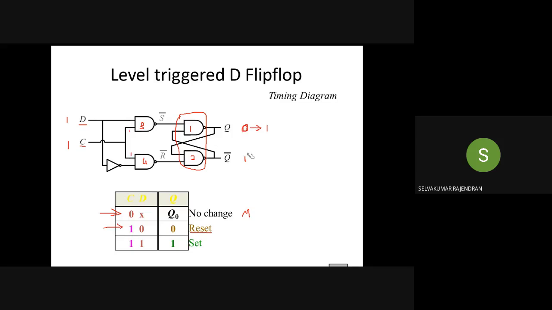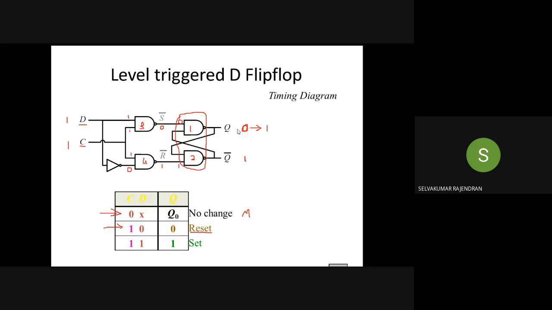By assuming these kind of values, I am applying logic 1 on the D line and enabling control signal C. So now these two inputs are 1 and this is also 1. Then due to NOT gate, this line goes to 0. Now 1, 1 produces 0 on the S bar, 1, 0 produces logic 1 on the R bar. So now here 0, here 1, right?